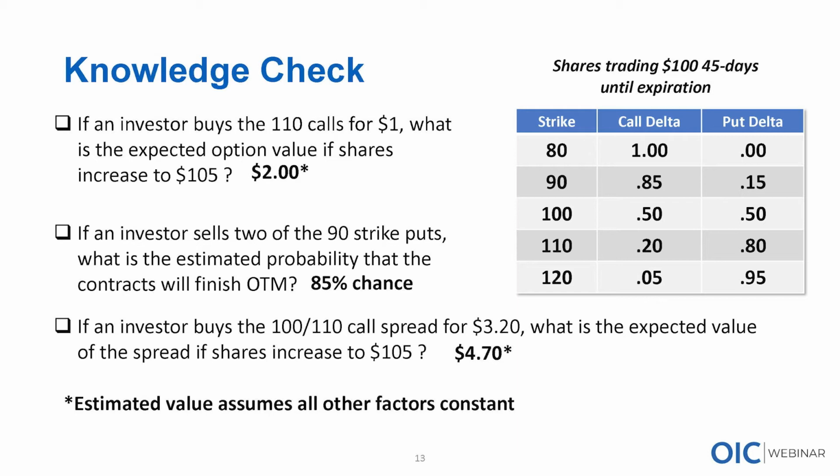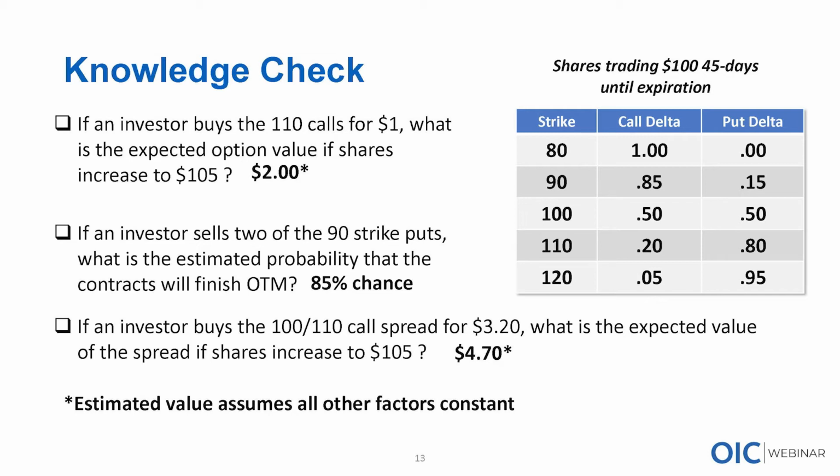And you might notice that the call deltas and the put deltas, if you look at them, they add up to 100. And this gets to a concept called put-call parity. We're not going to get into put-call parity today, but there is a relationship between calls and puts that share the same strike and the same expiration. So those deltas must add up to roughly 100 for this relationship to hold.